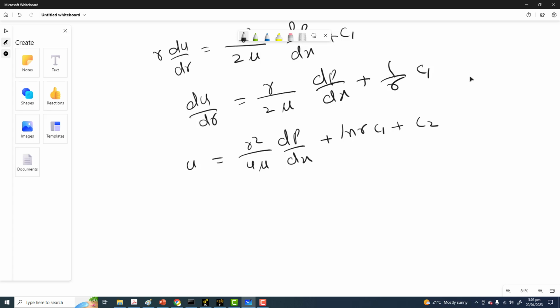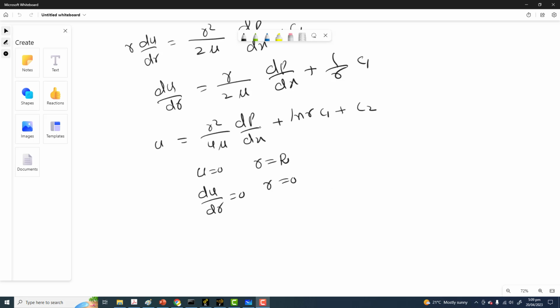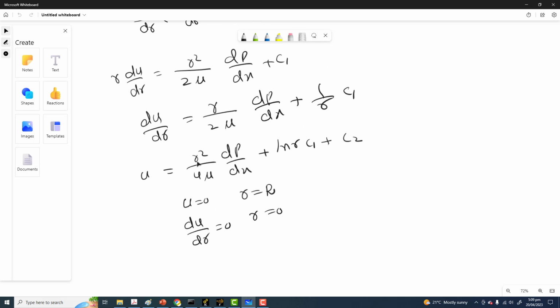The boundary conditions we have are that u = 0 at r = R, and also that du/dr = 0 at r = 0. So now we have the two equations. The main equation is this one, and the other is over here.